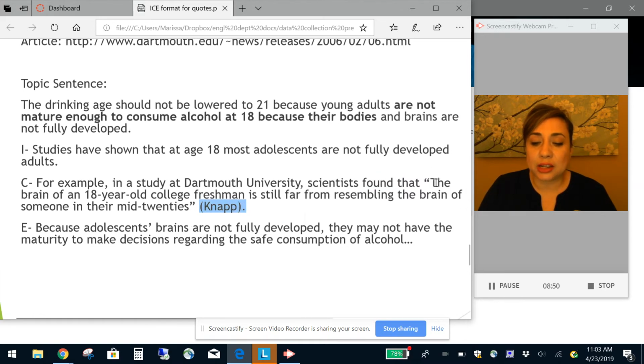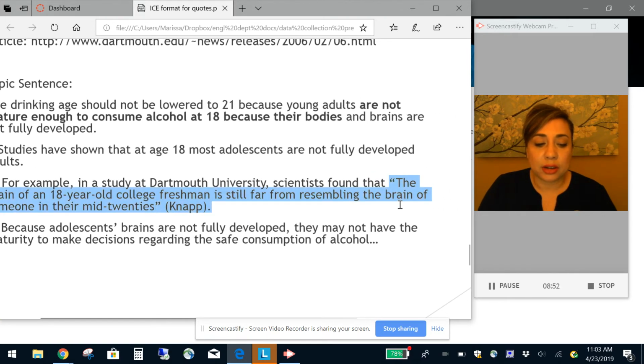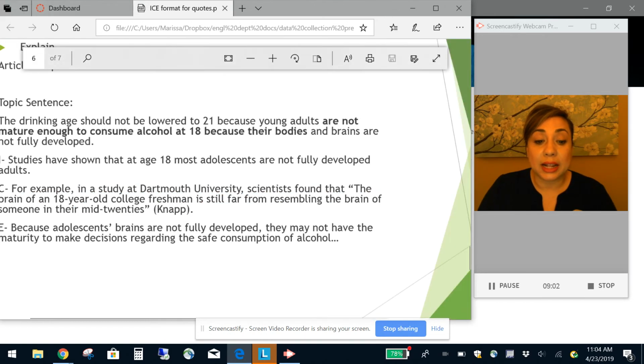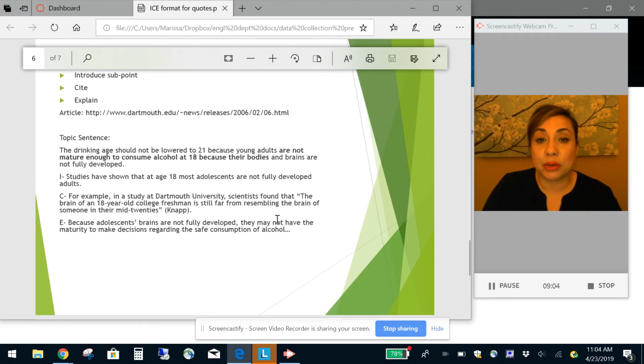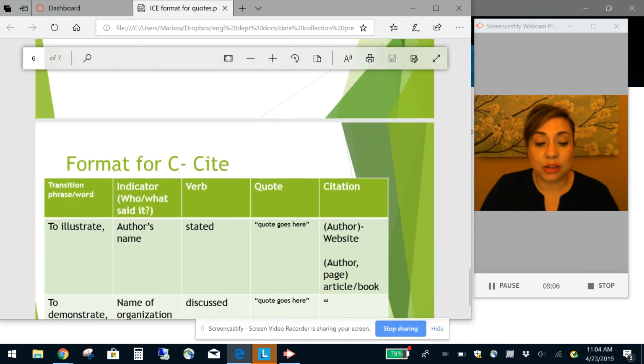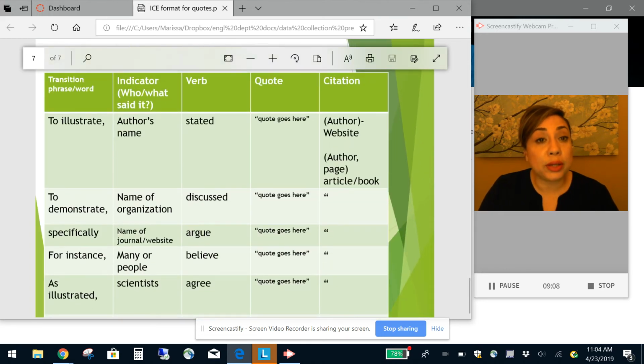So you can see I didn't just start the sentence right here with the brain of an 18-year-old freshman. Okay, I gave the full transition plus indicator plus verb, and then the quote, and then I cited it. That's what I want to see every time you put in a quote. That's how you can assure that you're going to get full points on the organization part of this essay or any essay that you write.